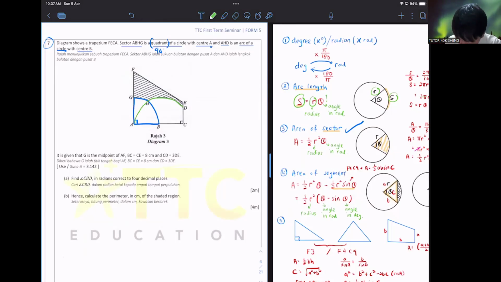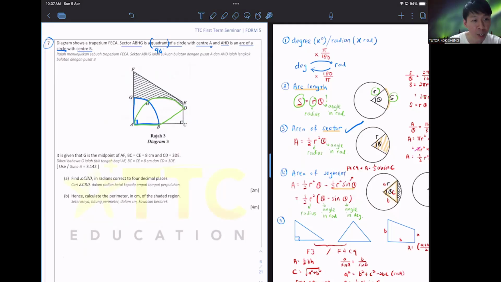AHD, center B. So this is another circle, another center. It's actually also a circle, but they'll show you only part of it.